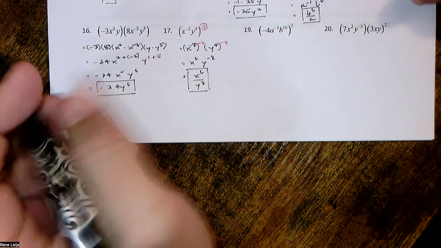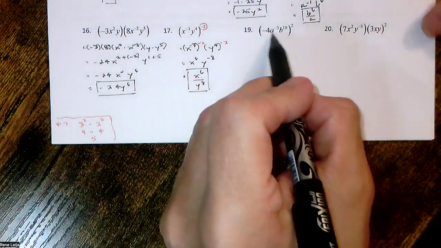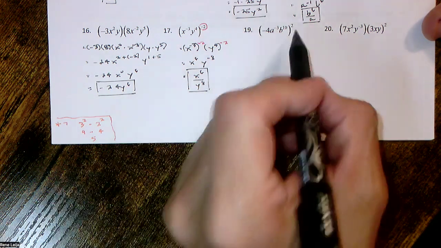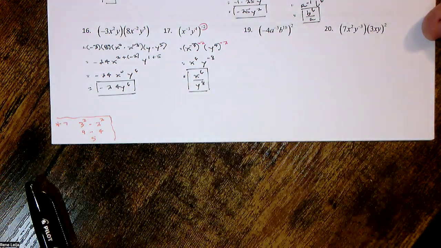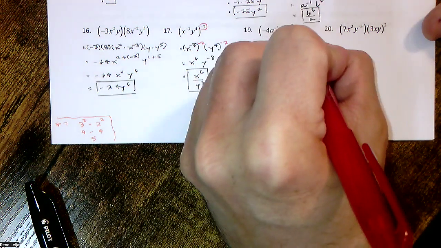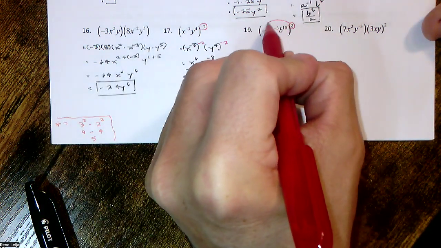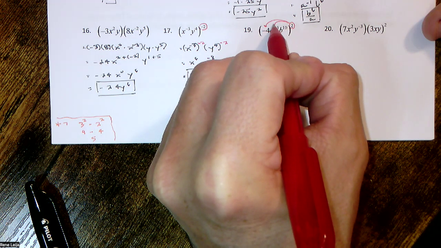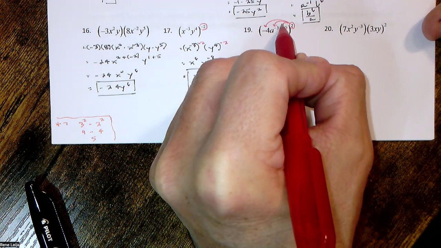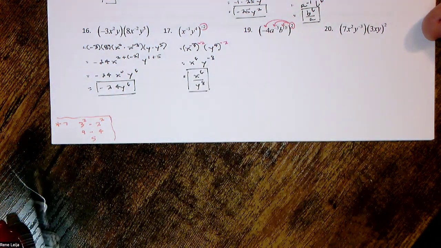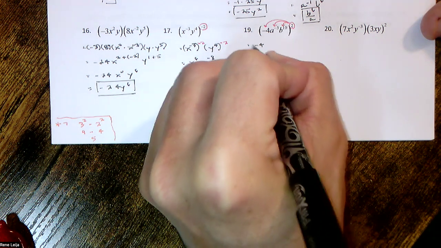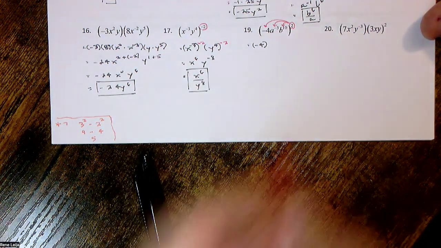Okay, let's look at number 9. So we have several things that we're multiplying inside, and it's all being raised to the second power. So this exponent has to get attached to everything inside. Okay, so be very careful. So we have a negative 4 that we're going to square.